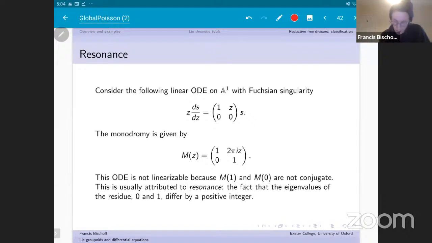I want to explain a point which I think is probably well known to experts, but at least for me, when I was first trying to learn this, it took me a while for this to sink in.